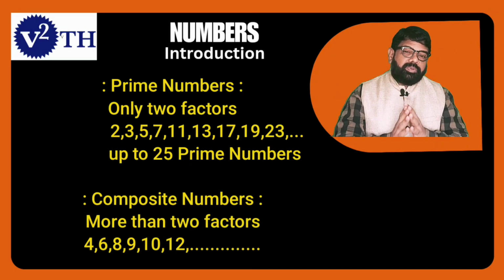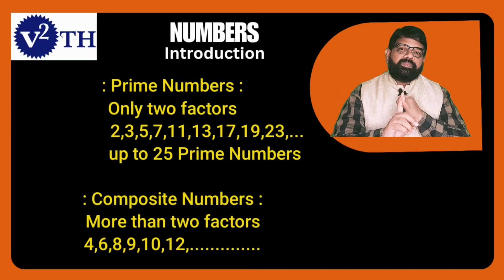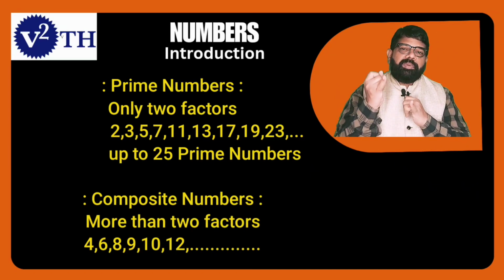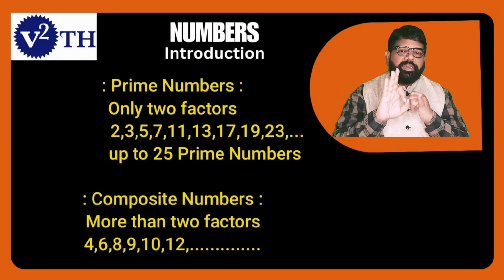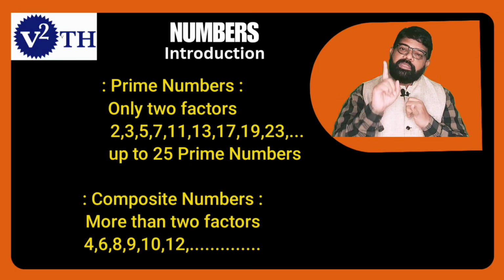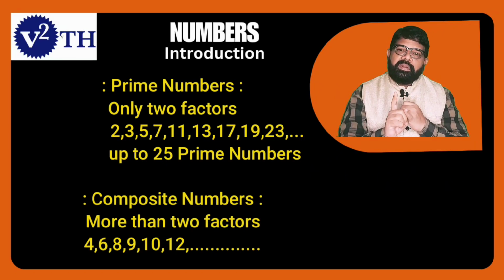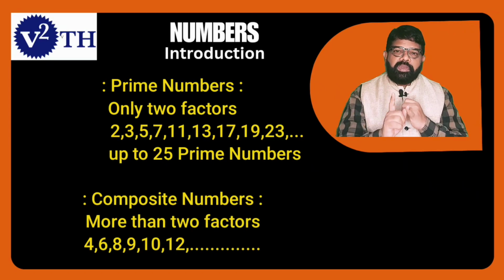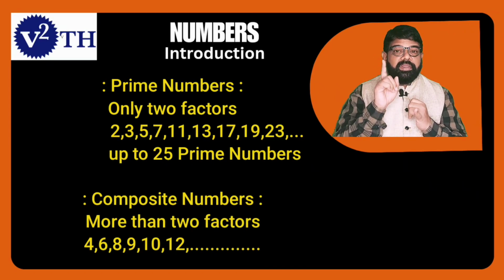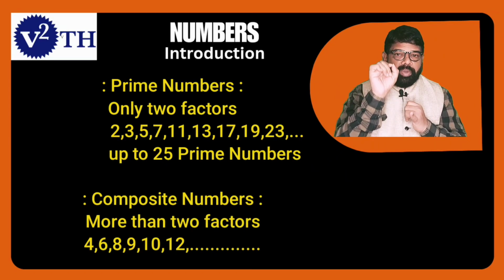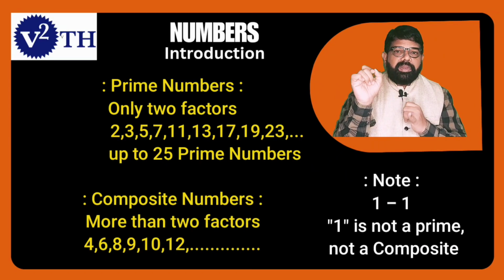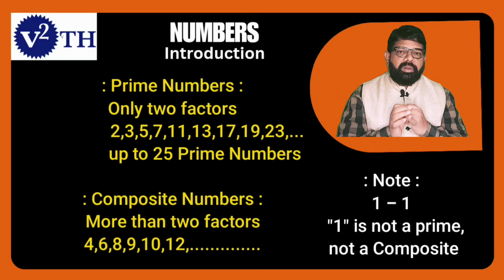So what is the first composite number? 4. So 4 has how many factors? Divisible by 1, divisible by 2, divisible by 4. 3 factors are there. 2 is a prime number, 3 is a prime number, so 4 is the composite number. So the first composite number is 4. Now here is one important note: 1 is not a prime number and not a composite number.